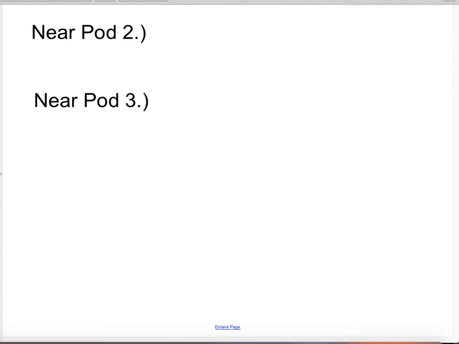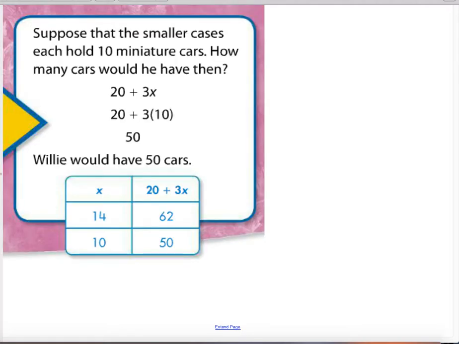Then we move on in the lesson and we have a new situation. Suppose that the smaller cases each hold 10 miniature cars. How many cars would he have then? Well, in this case, we're going to use substitution again, and this time the x in our expression will equal 10.